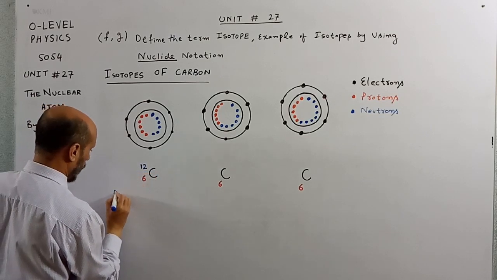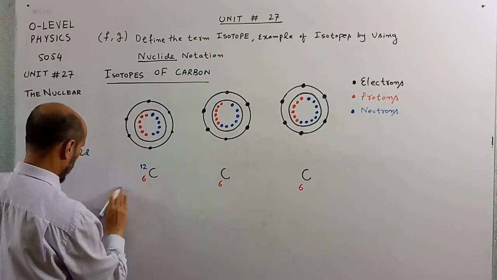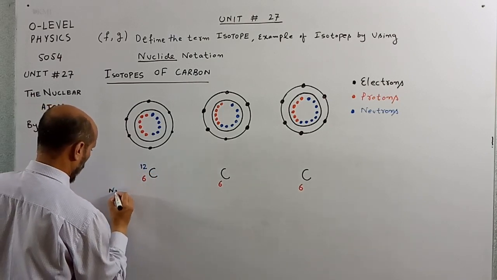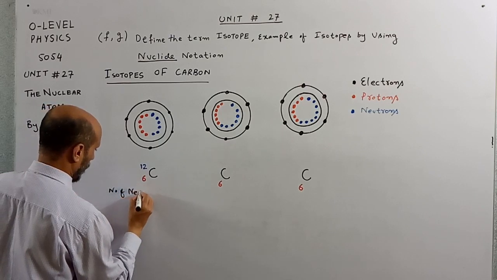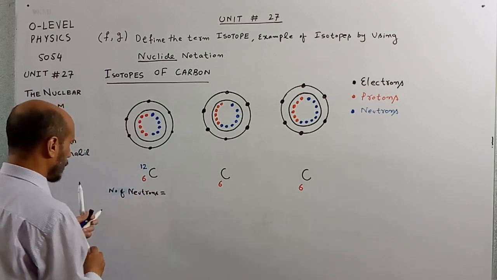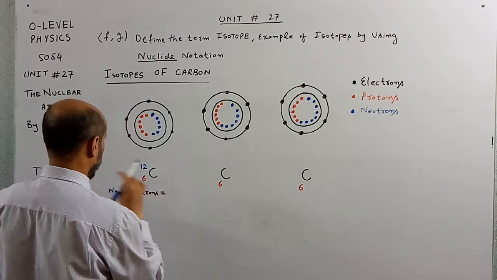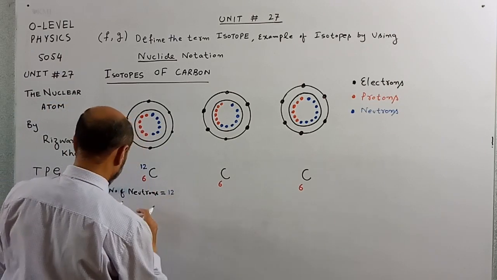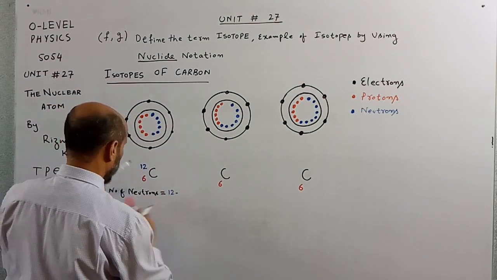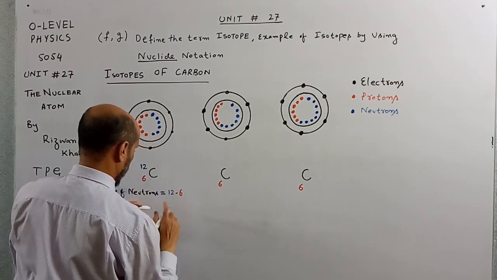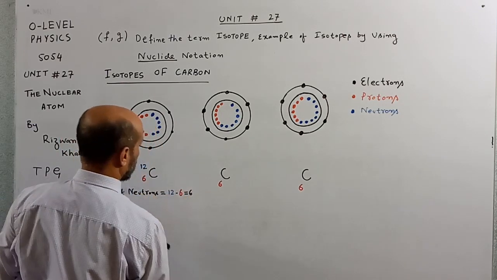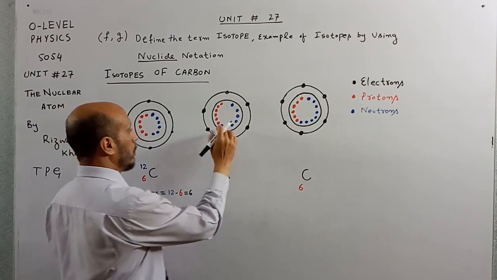The number of neutrons is 12 minus 6, which is equal to 6.